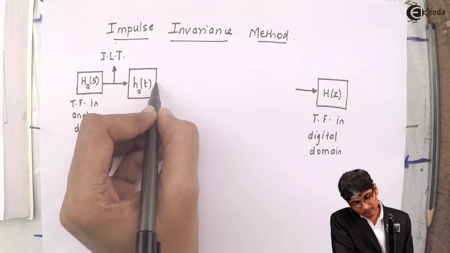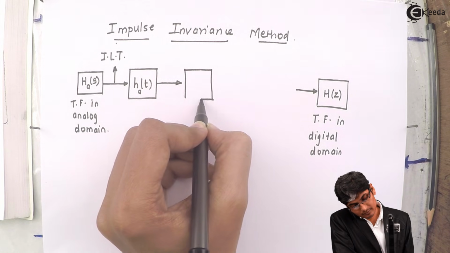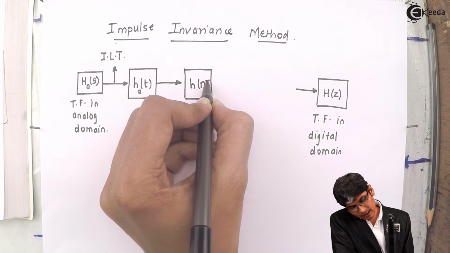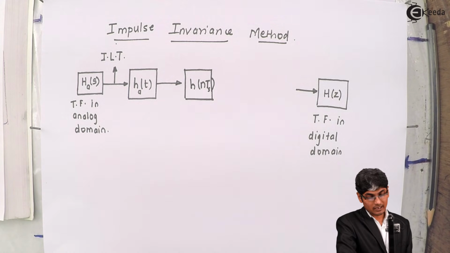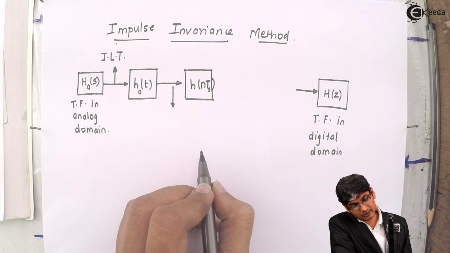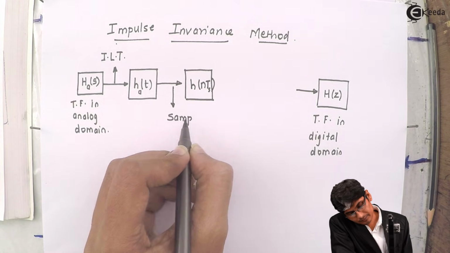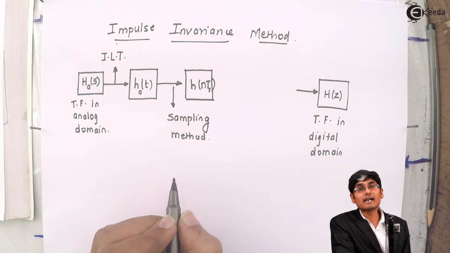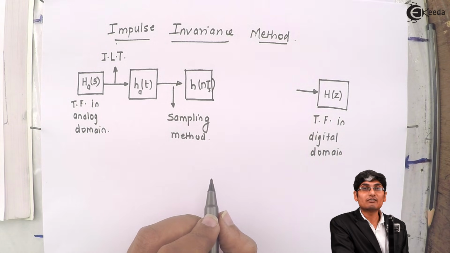Once we obtain that, from this function I will obtain H of nTS. H of nTS is obtained by the sampling method. So I'll be applying a sampling method on HA of t, and I will get H of nTS.